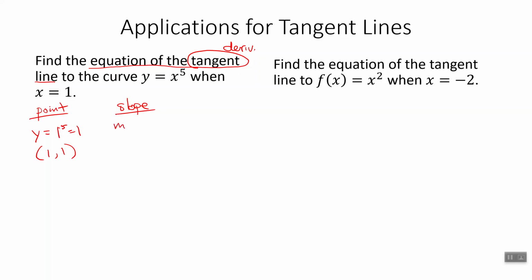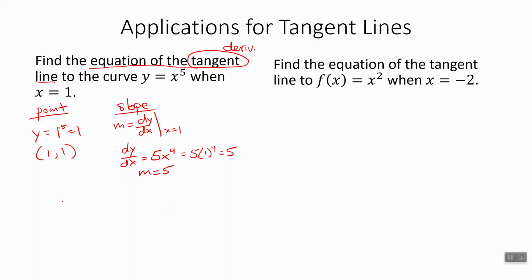All right, so our slope is going to be equal to the derivative, dy dx, when x equals 1. So we take the derivative of x to the fifth. So the derivative equals, bring down the 5, 1 less exponent gives us 4. We plug in the 1, we get 5 times 1 to the fourth, or just 5. So our slope is 5.